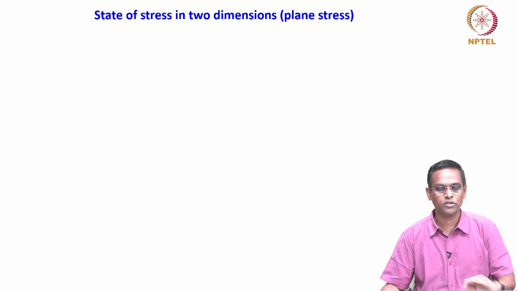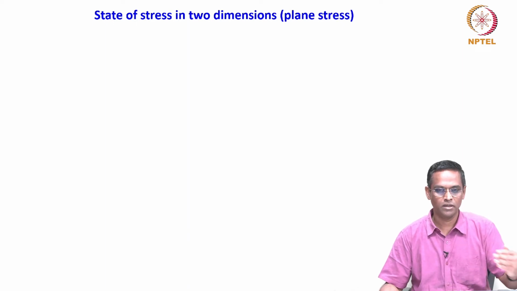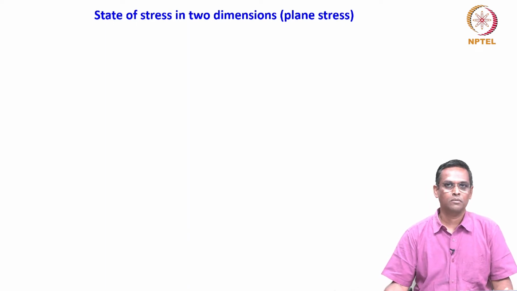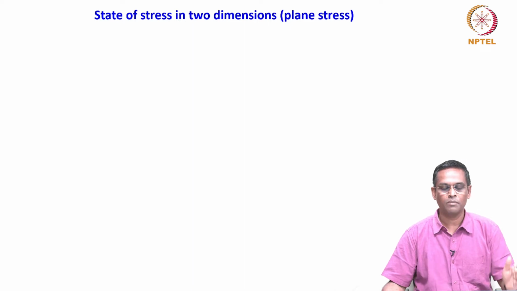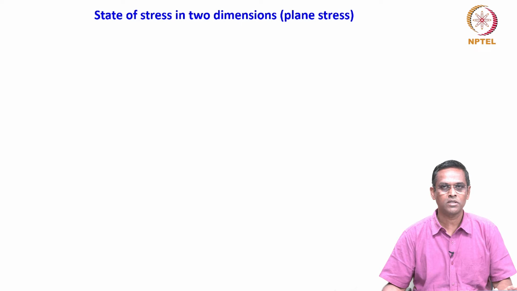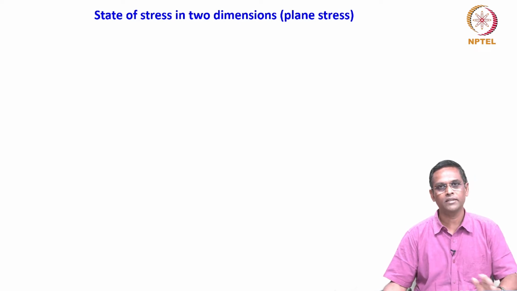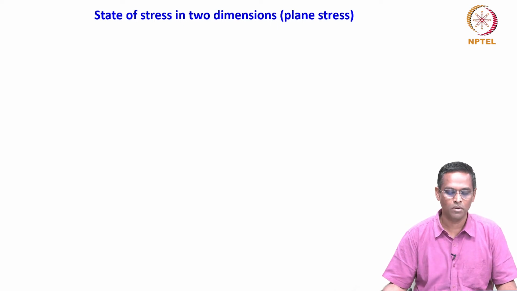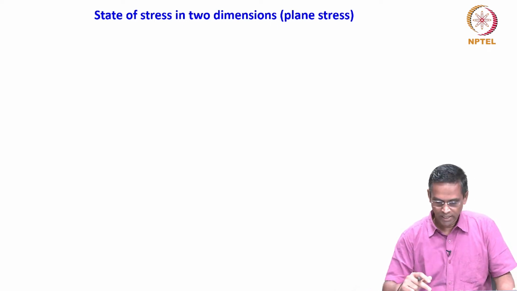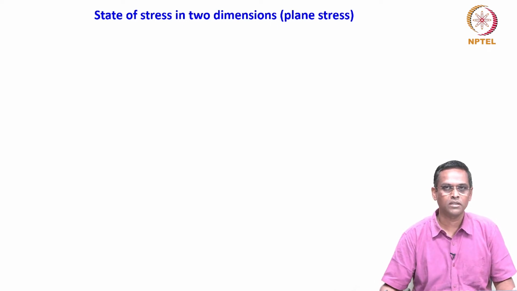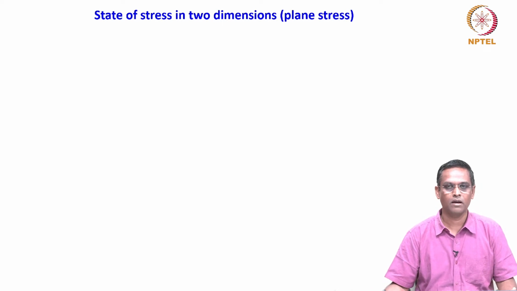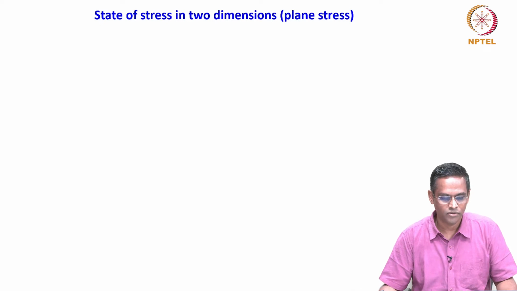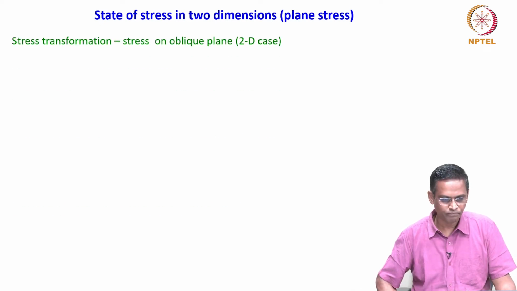Okay, this is also useful because later we will describe that most of the complicated problems are solved with the 2-dimensional assumption, then it is much simpler to solve. That's called plane stress problem or plane strain problem. But in this case, before we go to the 3-dimensional description of stress or looking at a stress tensor, we will start with a state of stress in 2 dimensions.